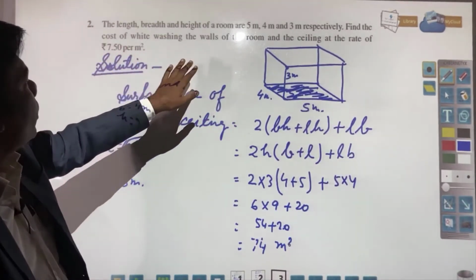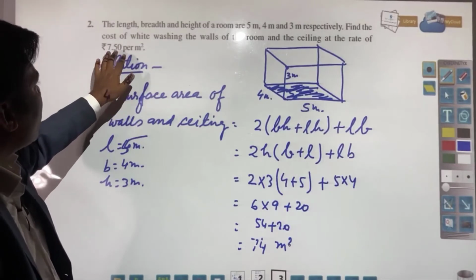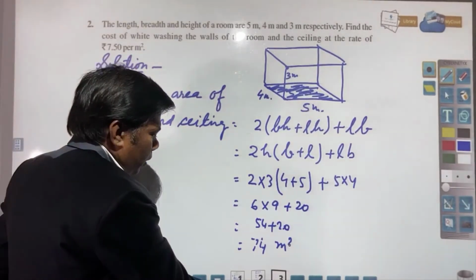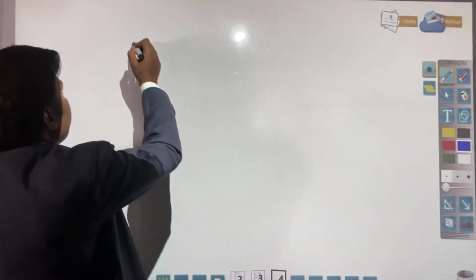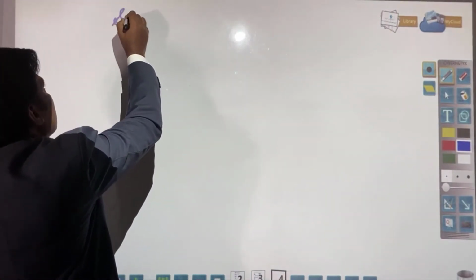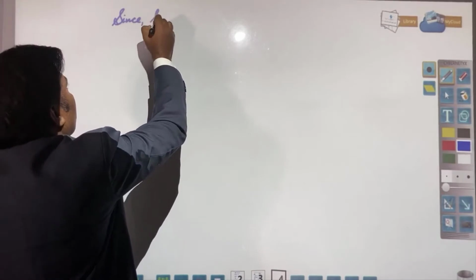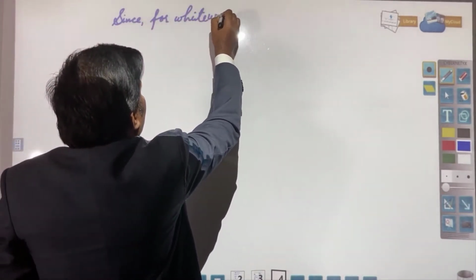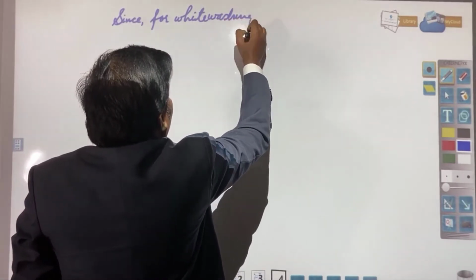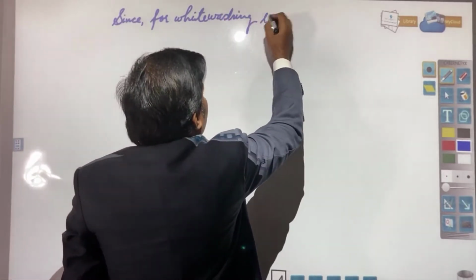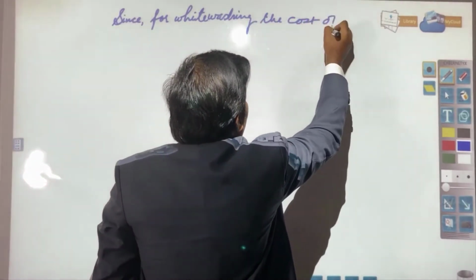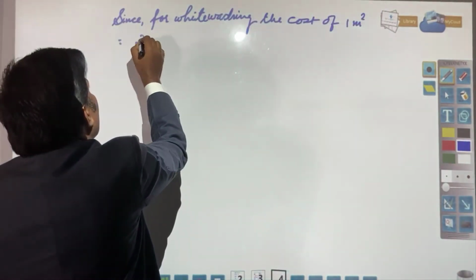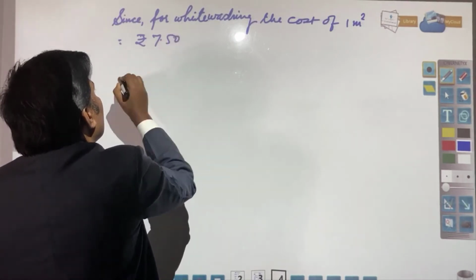Now you need to find out the total cost at the rate of rupees 7.50 per meter square. You write: since for whitewashing, the cost of 1 meter square is equal to rupees 7.50.